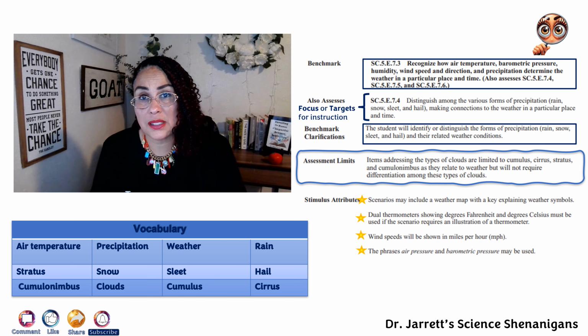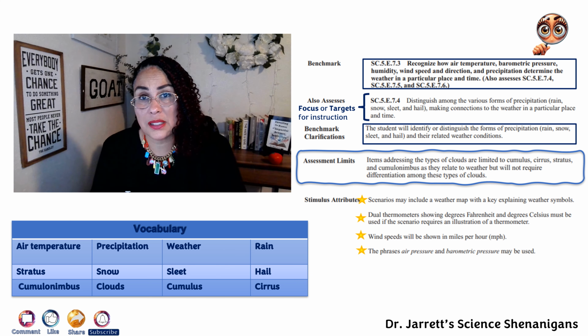And so the students are going to need to understand that. They're also going to need to understand how hail is formed because it could be very, very cold. And that's how those hail balls are formed. But by the time they reach ground, sometimes they have already melted, but sometimes they have not. So the students will need to understand that.